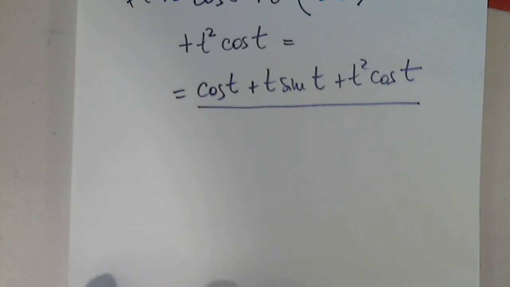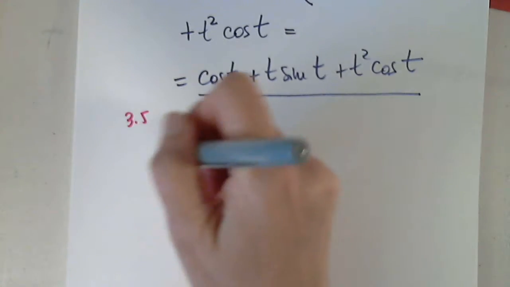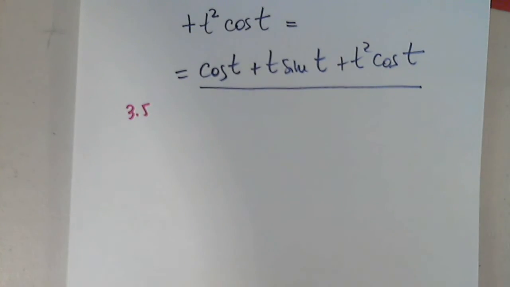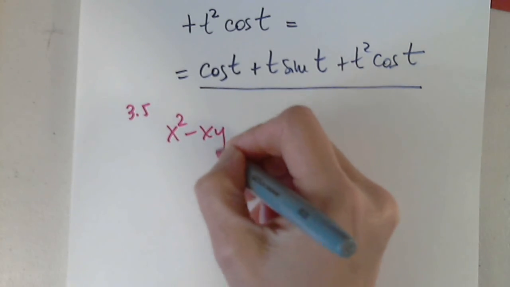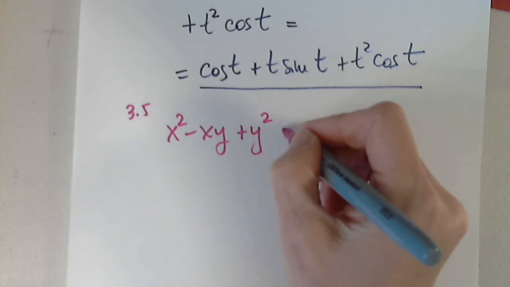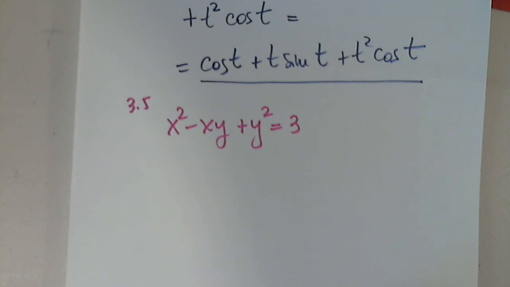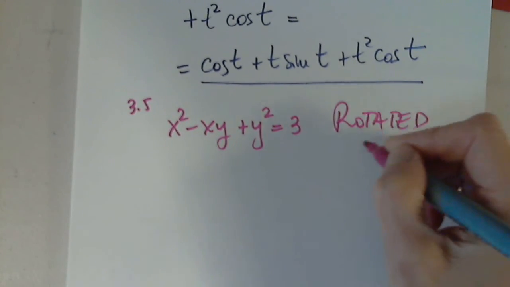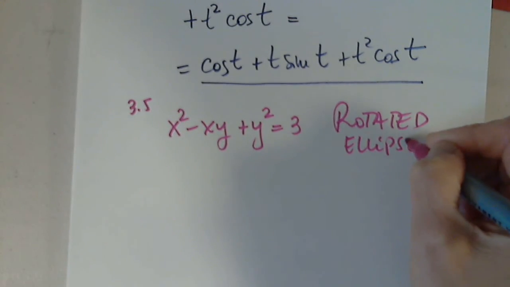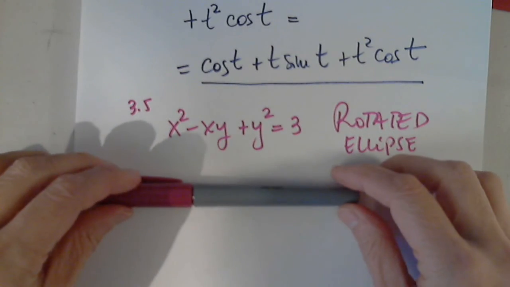Okay, I would like to look at a problem. We are still in 3.5 and we will start 3.6 after one more problem. We are given the equation x squared minus xy plus y squared equals 3. And this is a rotated ellipse, which means it does not have the axes parallel to the x and the y axis.